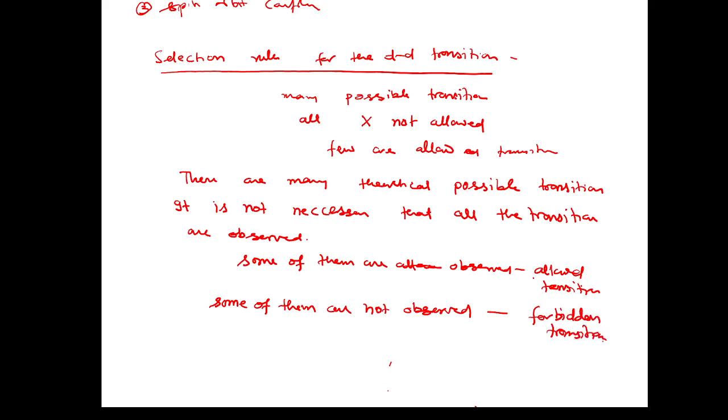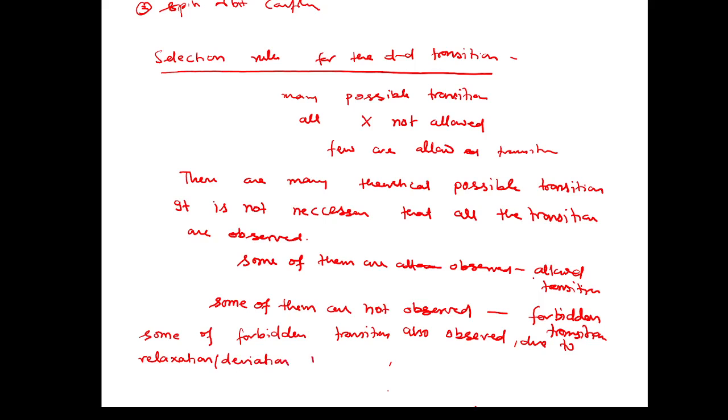Right? And one important thing, that some of the forbidden transitions are also observed. Why? Due to relaxation or deviation in the selection rule.